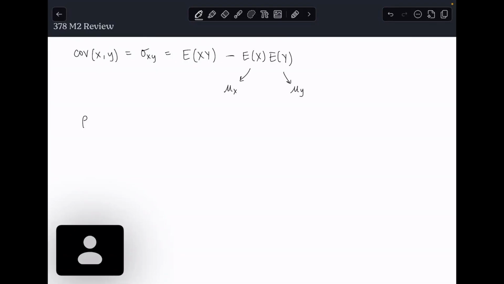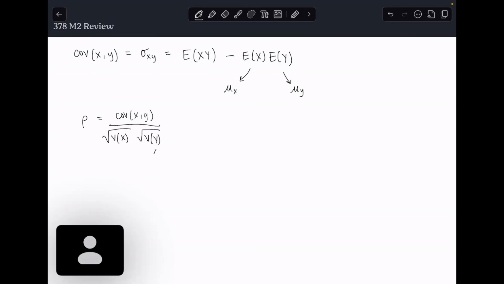And then your correlation is indicated by this P-looking Greek symbol called rho. That's equal to your covariance over the standard deviation of x times the standard deviation of y, right? And if we remember, how do we get standard deviation from variance? We just square root it, because variance is your standard deviation squared.